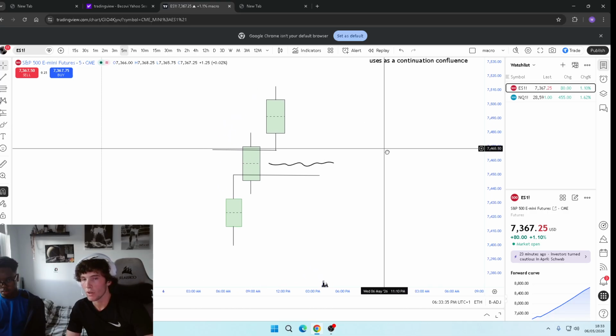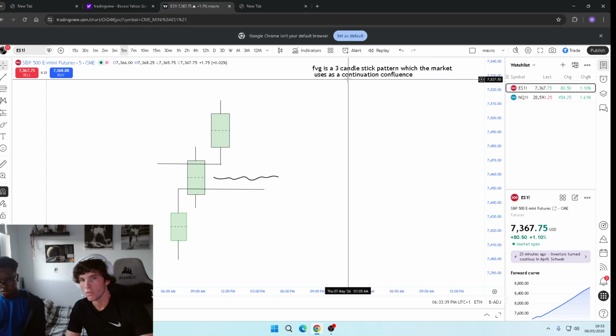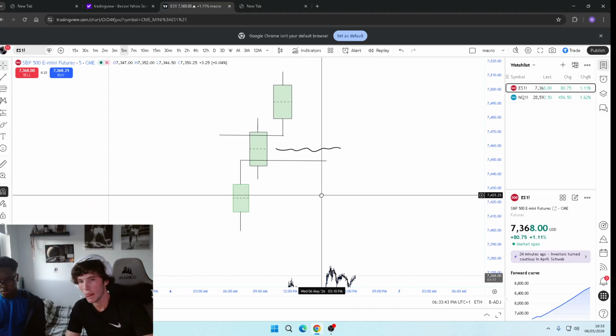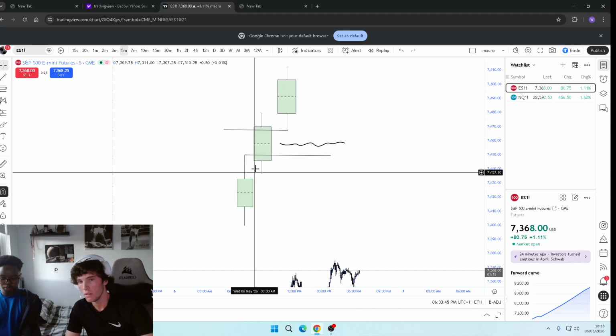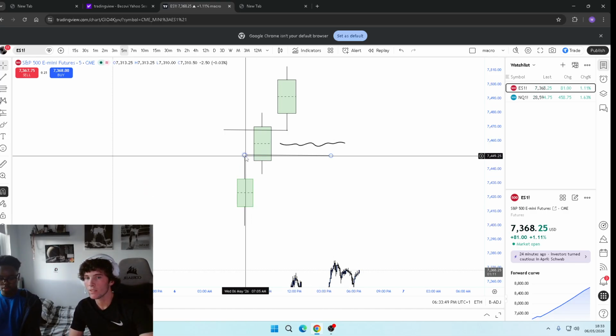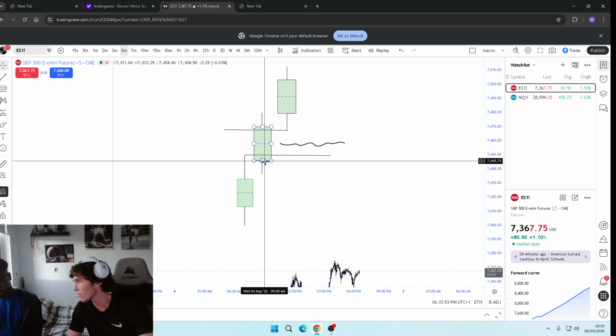So a fair value gap, a three candlestick pattern, which the market uses as a continuation confluence. Here's an example. You look for three candlesticks, then the wicks of the first and the third candle have a gap in between, with the second one.